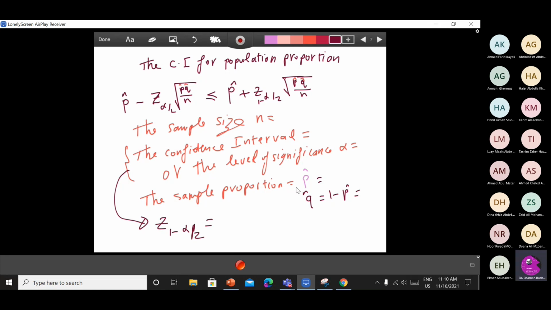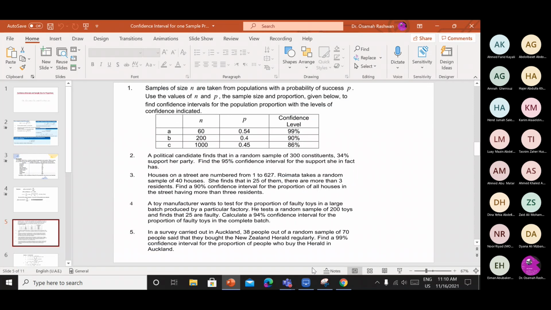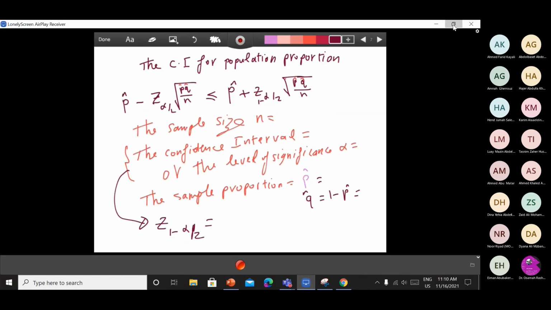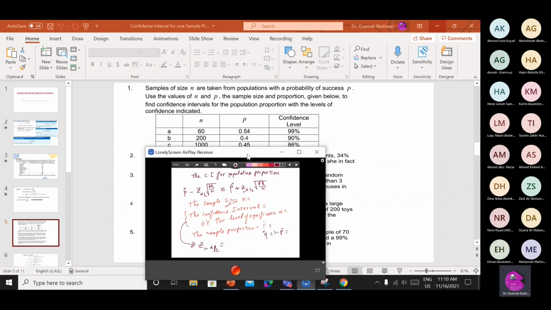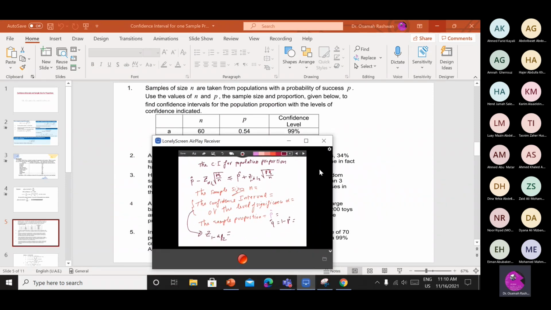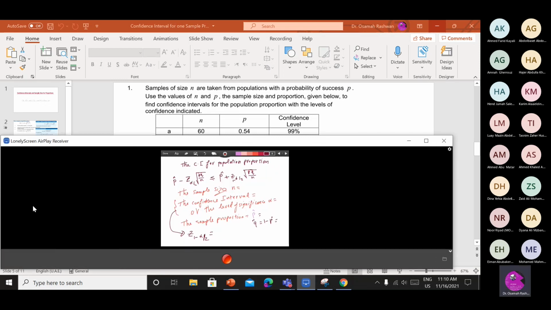Let's go for our question. This question has 3 parts. I will solve the first part. So what do you have? What is N?